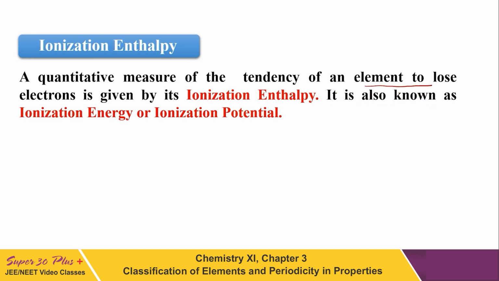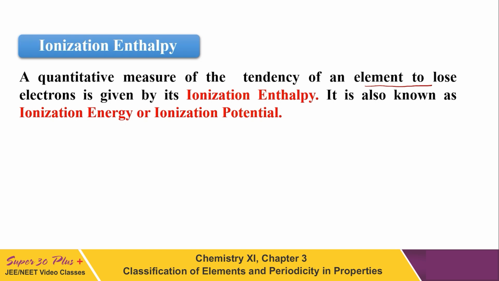So basically IP, that is ionization potential or ionization energy, quantitatively measures the tendency of an element to lose electron. If IP is more, it means the electron is not released easily, this species will not release electron easily.